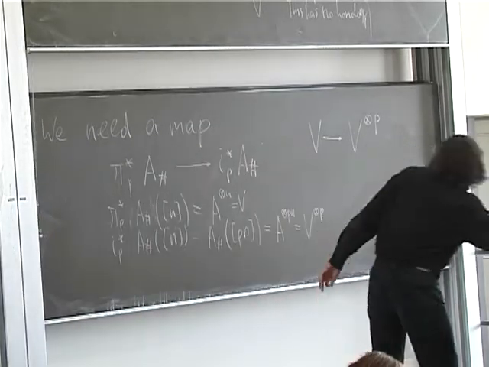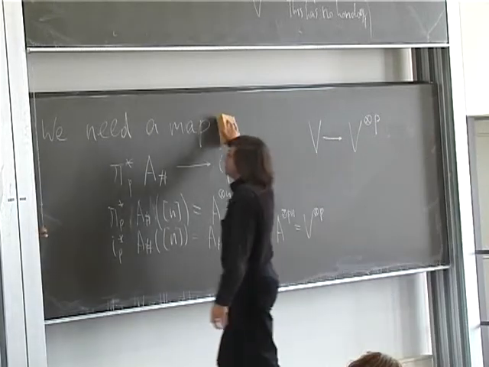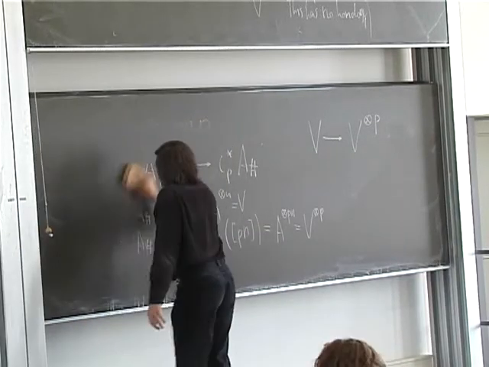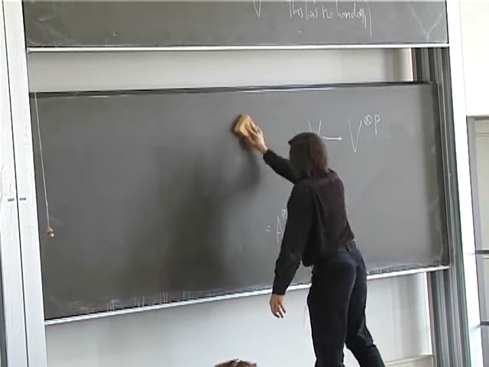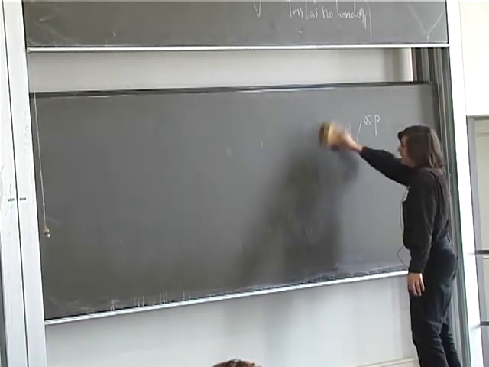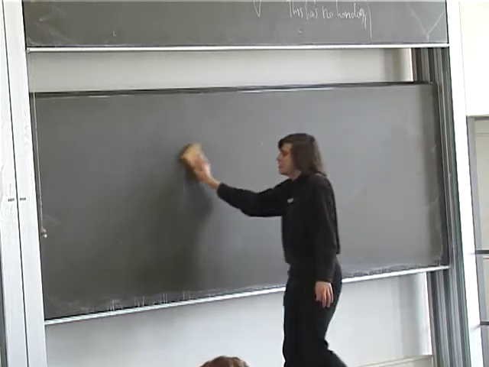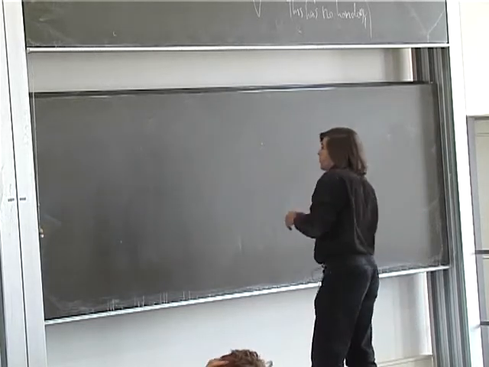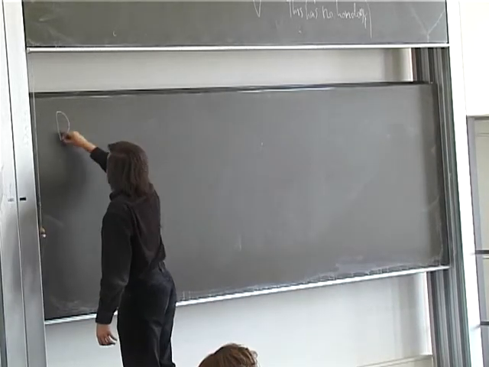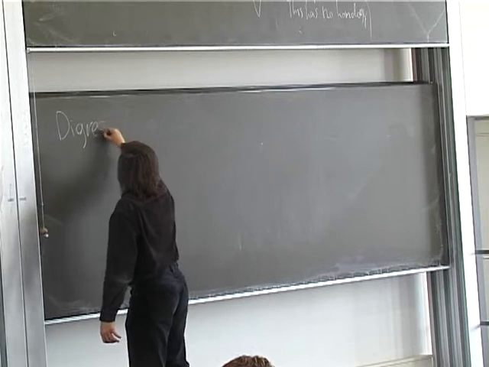Now I need to remind you some things about algebraic topology. So it's kind of a digression, just for a moment. I need to remind you some very general thing, and then we'll apply it to that problem. So, digression on Eilenberg-MacLane spaces.